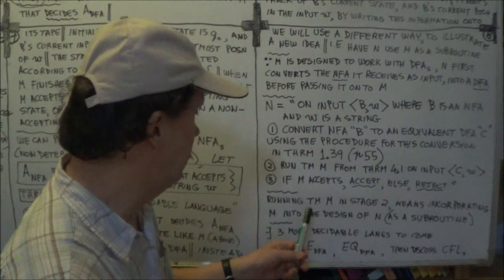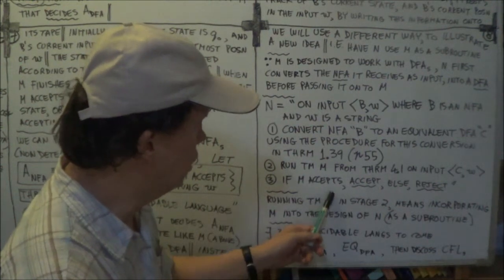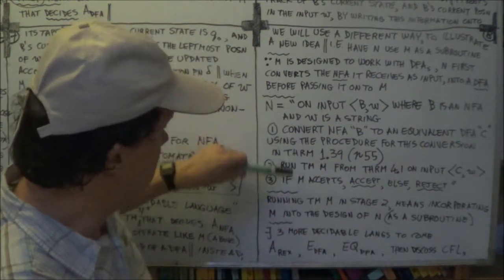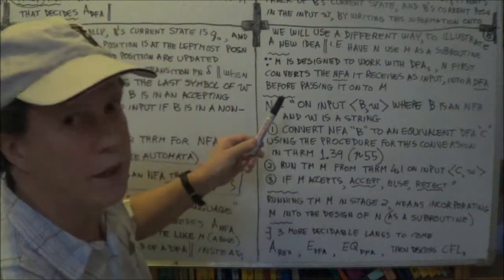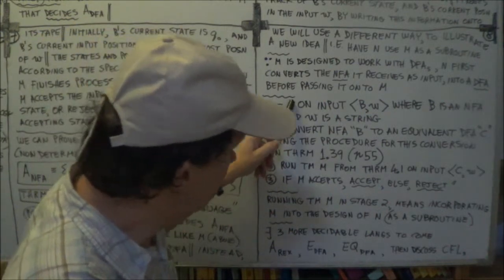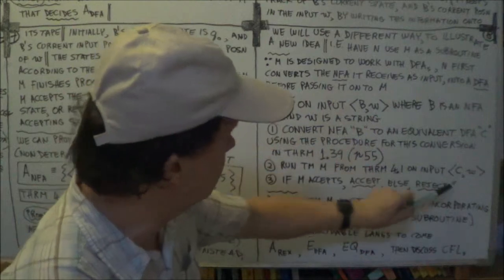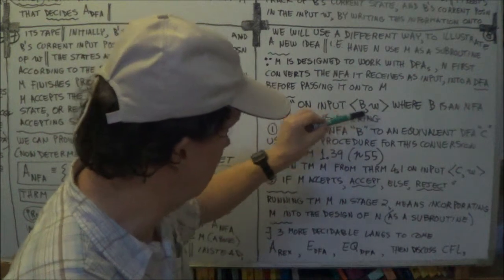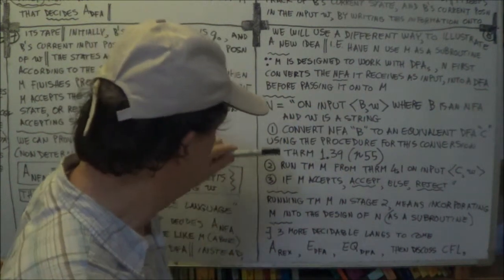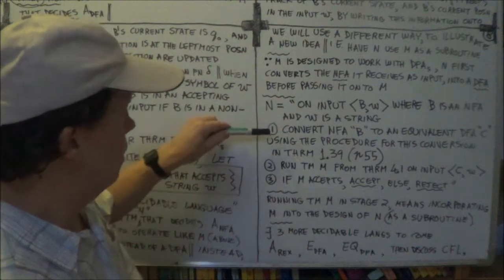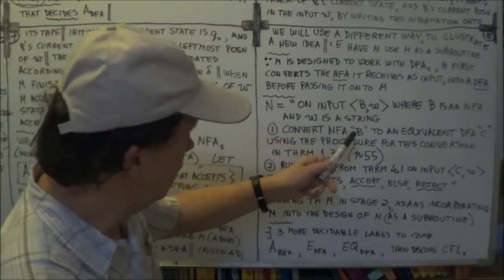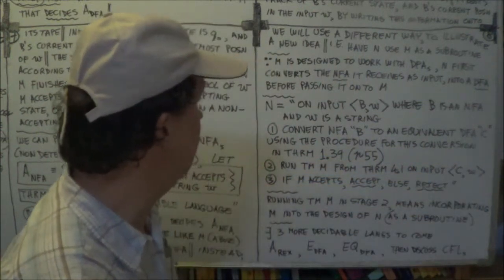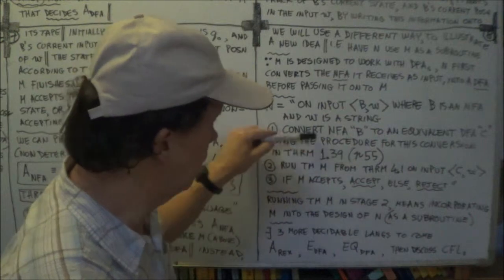So here's your description of the algorithm as usual in standard format. Open quotes, final quotes, the whole description is between quotes. The first line is usually the description of the input tape. Then the various stages. The first step is to convert your NFA B into a DFA called C. You use the technique from Theorem 1.39 on page 55 to do that.